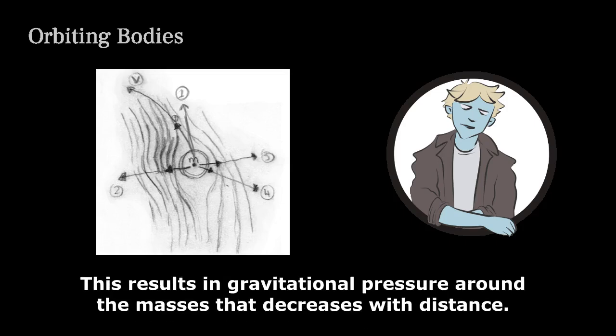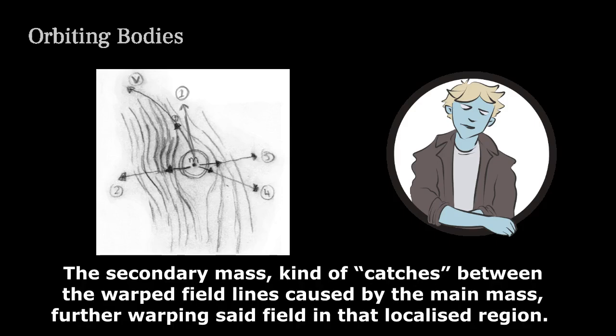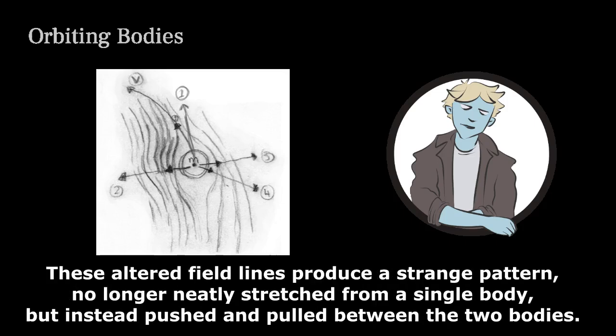This results in gravitational pressure around the masses that decreases with distance. The secondary mass kind of catches between the warping field lines caused by the main mass, further warping said field in a localized region. These altered field lines produce a strange pattern, no longer neatly stretched from a single body, but instead pushed and pulled between the two bodies.